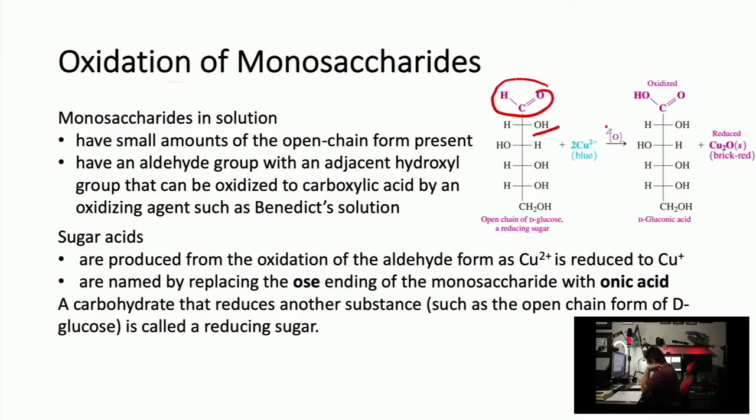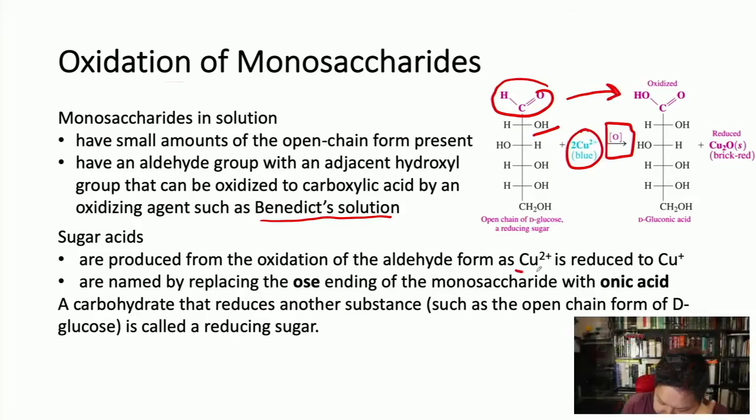In the presence of an oxidizing agent, such as Benedict's solution, which has copper in it, copper 2 to be exact, we can oxidize the aldehyde to a carboxylic acid. And in that process, the copper 2 actually becomes a copper 1 because it was reduced. When that happens, we rename glucose, which is in this example, to gluconic acid.